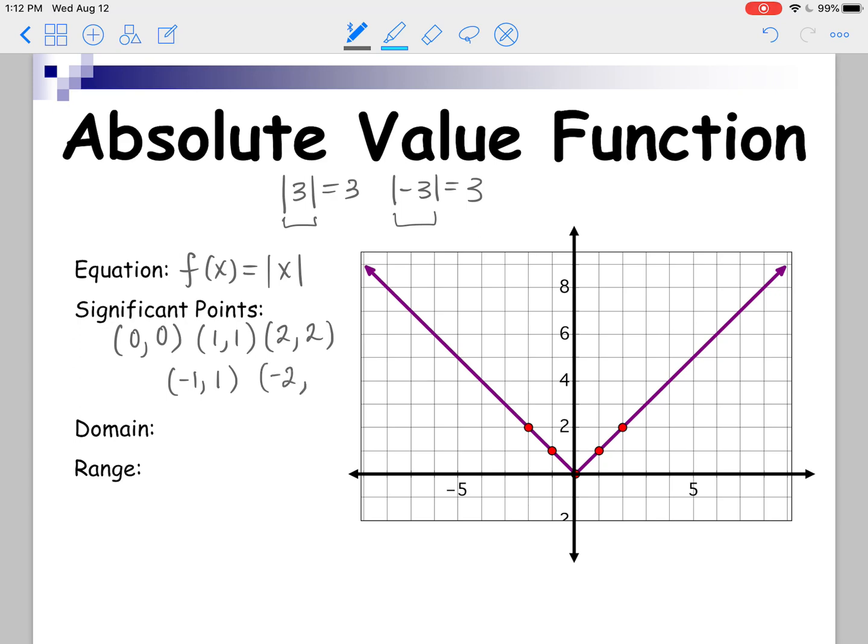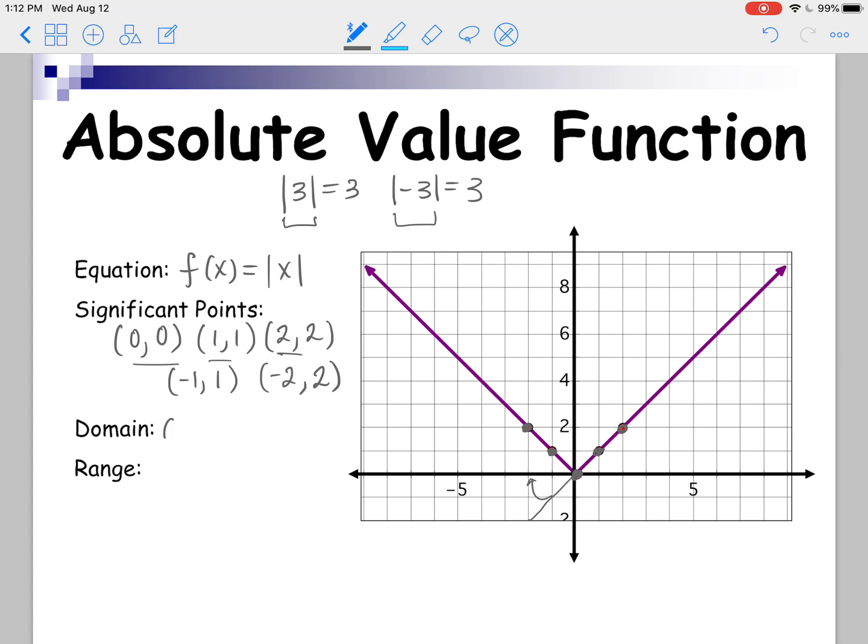Absolute value of -2 would give me +2. Notice the first 3 points are very, very similar to the linear parent function. But on the left side of the graph, we only get positive output. So it's like the other part of the line is flipped up. And that's why we have that V shape for our function.